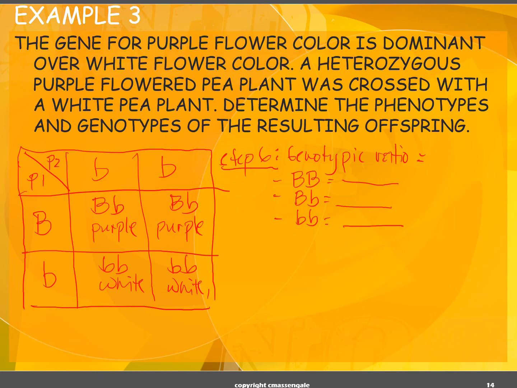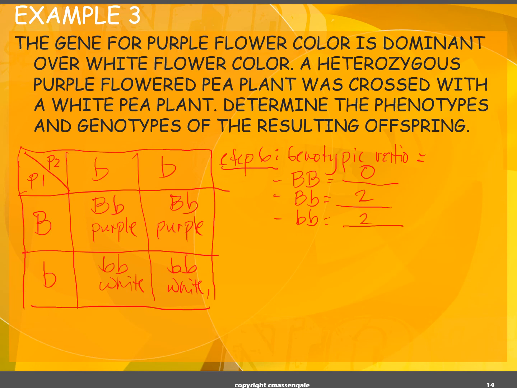Capital B capital B, ilan ang nandito? The answer is none. So, 0. Next, this one, heterozygous, capital B small b, dalawa. 1 and 2. So, we have here 2. And the next, small b small b, ilan dito? Ito yon, small b and small b. So, we also have here 2.